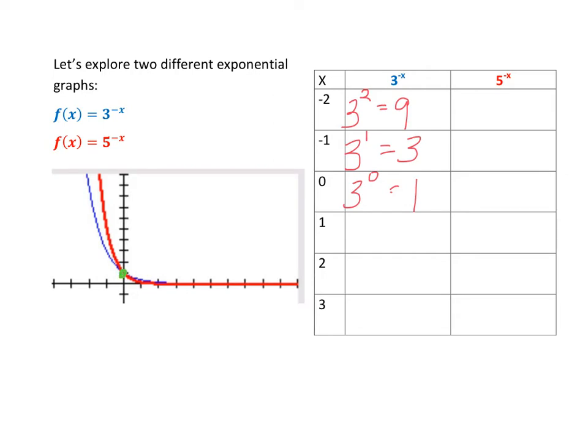Now 3 to the -1 is 1/3, 3 to the -2 is 1/9, 3 to the -3 is 1/27. So now it's in the opposite direction. As my x's are getting smaller, my y value is exponentially increasing. As my x values are increasing, my y values are decreasing, going towards 0.